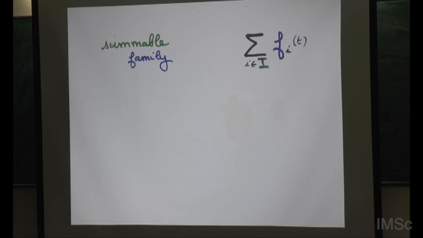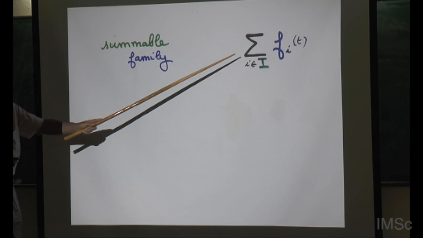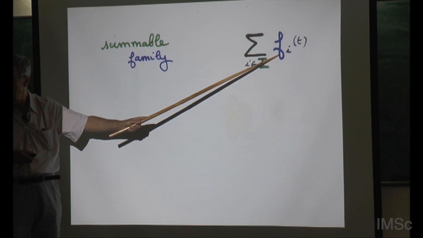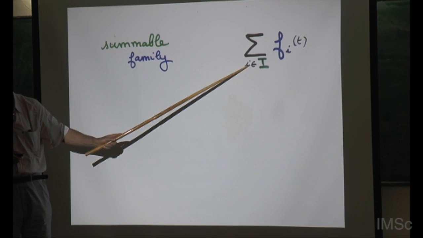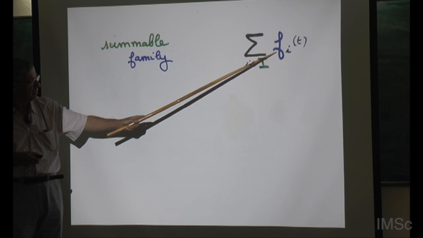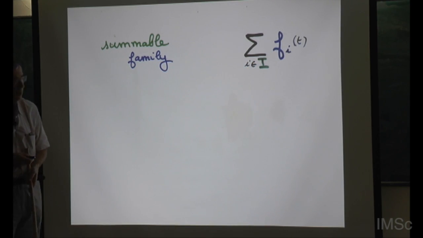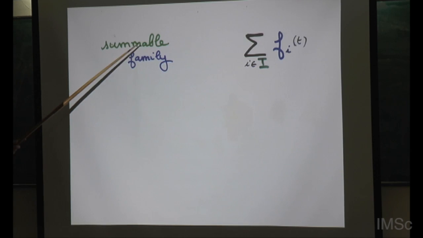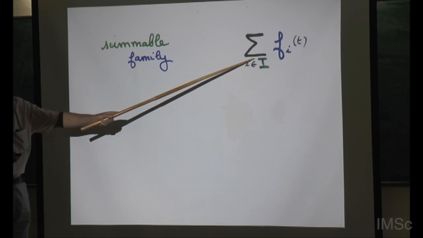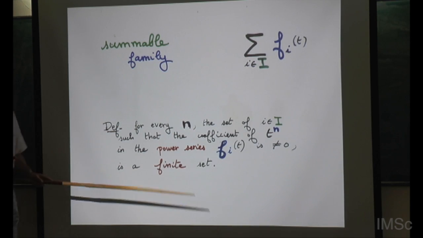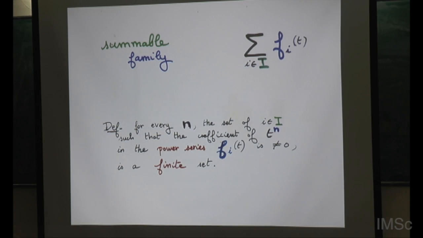Now suppose we have a family of power series, indexed by a certain index i. You have many power series, indexed by i, which belongs to this set capital I. I will say, by definition, this family is summable. I mean, I can define this rigorously, if and only if we have this condition.